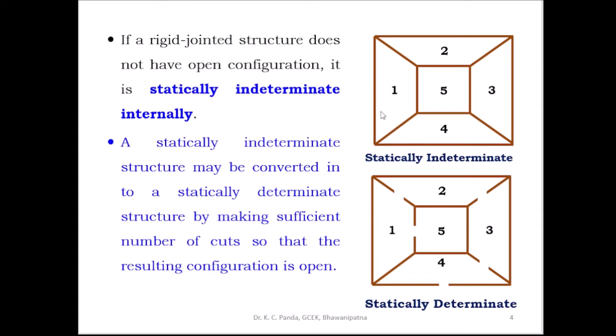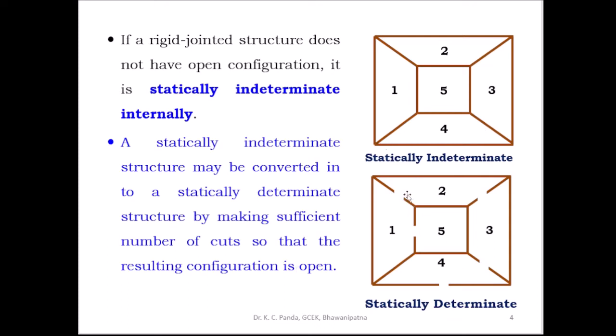How do you convert a structure that is statically indeterminate internally to one that is statically determinate internally? A statically indeterminate structure may be converted into a statically determinate structure by making a sufficient number of cuts so that the resulting configuration is open. These are the closed loops.